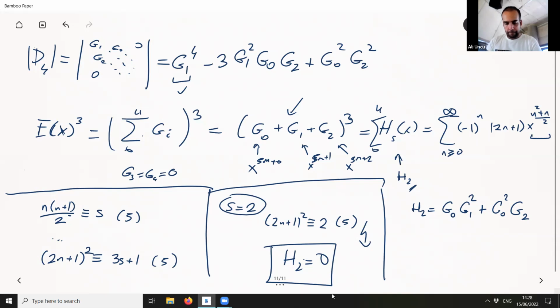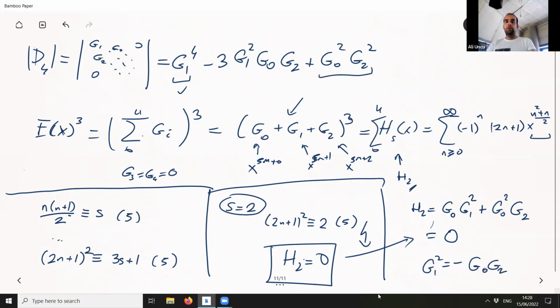Okay. And this is 0. We already solved that. So this gives a relation between G1 and G2, and including G0, of course. So this tells us that G1 squared is minus G0 G2.